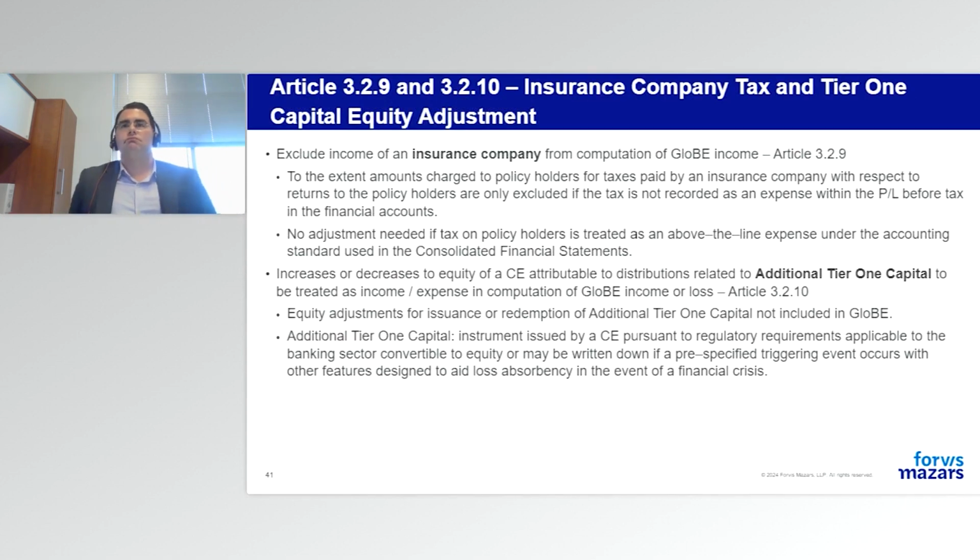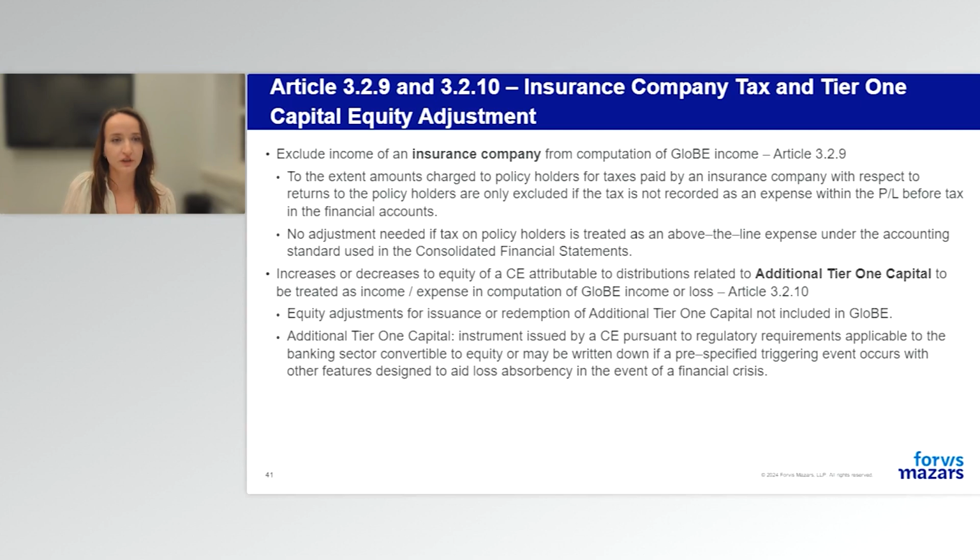Then the following adjustments are specifically for the insurance and banking sectors. Based on provision 3.2.9, certain income from an insurance company is excluded for the computation of the GloBE income. Insurance companies often pay tax on returns owed to policyholders, but they pass this tax along to policyholders by reducing their liabilities.